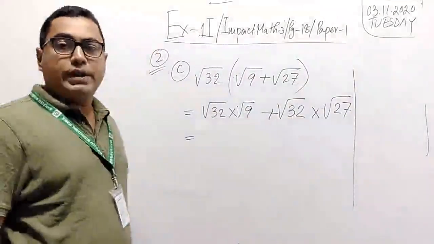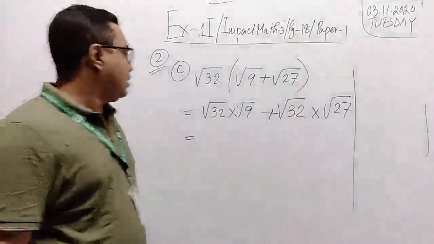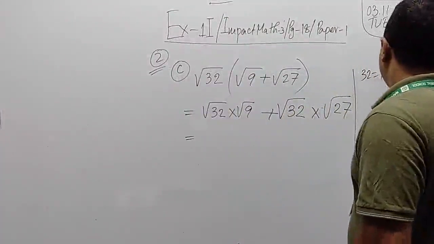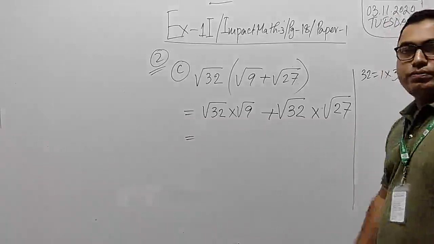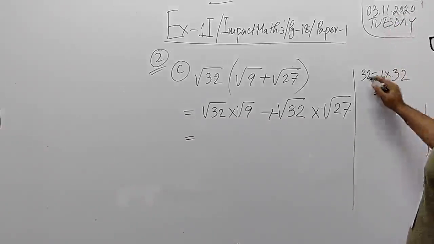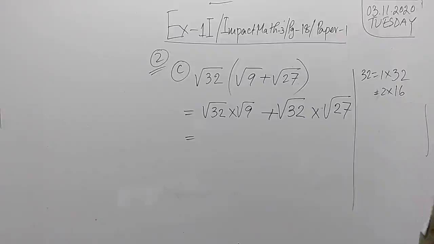32. How many factors do we have? Look. 32 can be written as 1 into 32. If we divide 32 by 2, we have 2 into 16. Then 4 into 8. 4 goes into 32 eight times.